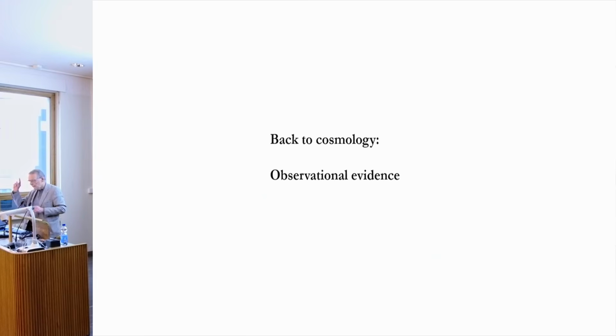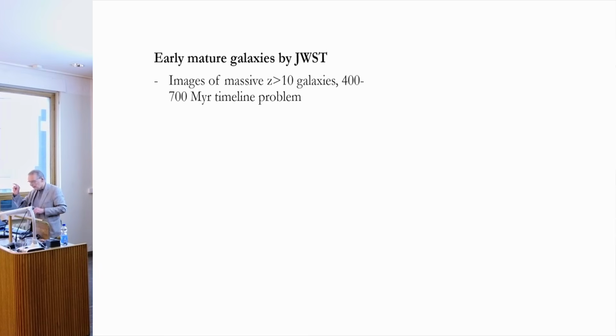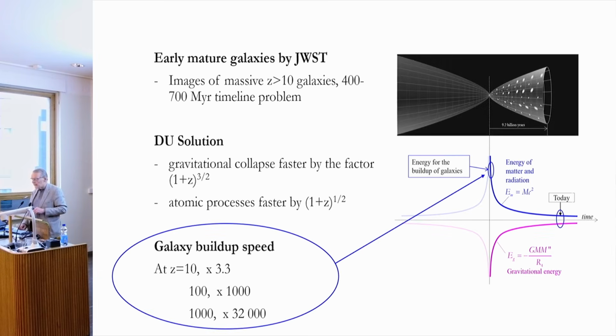Okay, then observational evidence. Let's see what we find. Major galaxies, and that's what we already discussed. If we are a little bit more precise here, the collapse factor can be related to the redshift, which describes the status of the universe we are looking at.